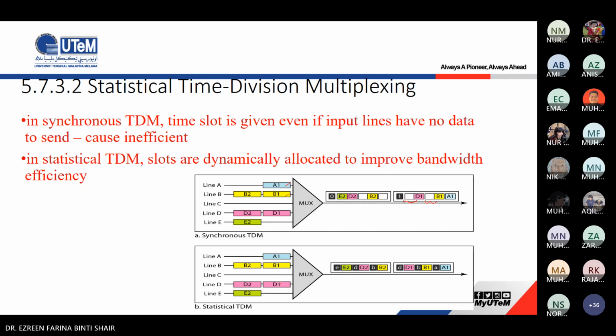Same for the second frame, you have B2, D2, and E2. So the statistical TDM is better compared to the synchronous, because the bandwidth will be smaller, since it skips the channels without any data.